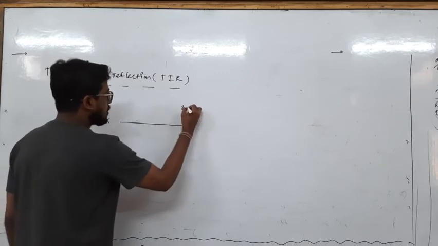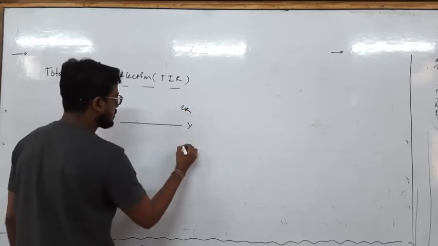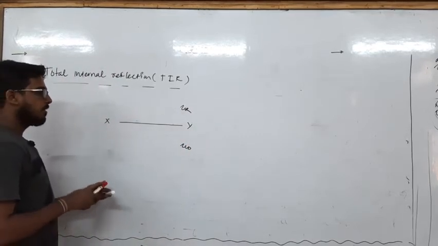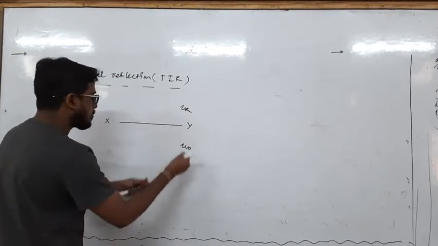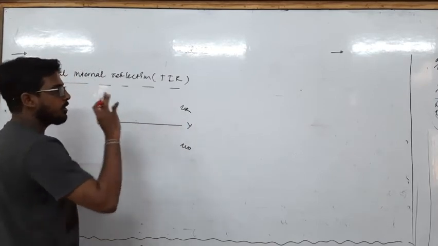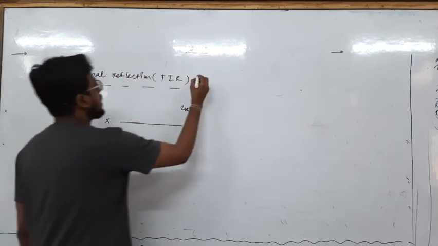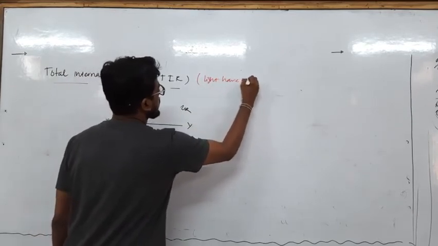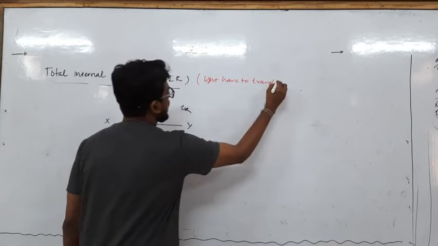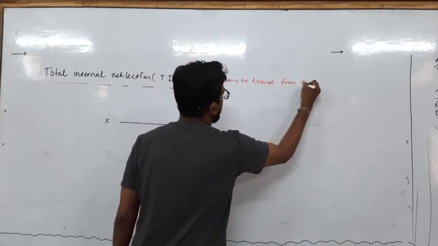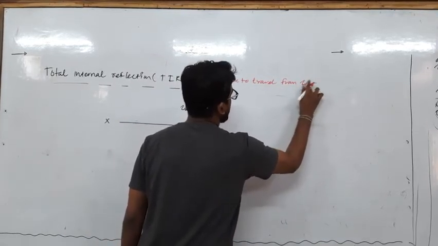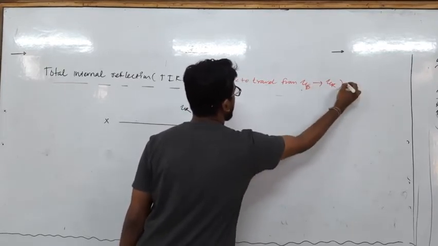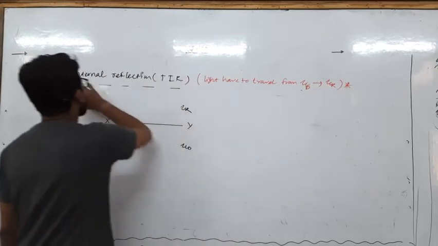One is rarer, having refractive index mu r, and another is denser medium having refractive index mu d. For this case light travels from denser medium to rarer medium. You have to remember, for total internal reflection light has to travel from mu of denser to mu of rarer. This is an important condition for total internal reflection.